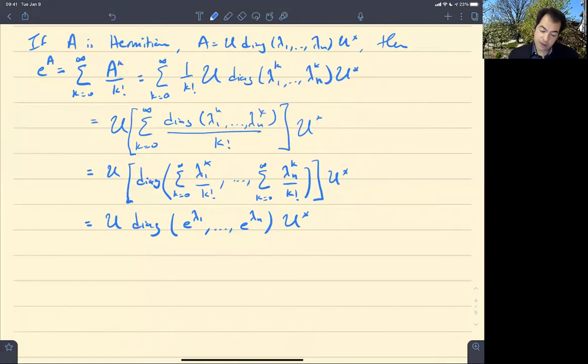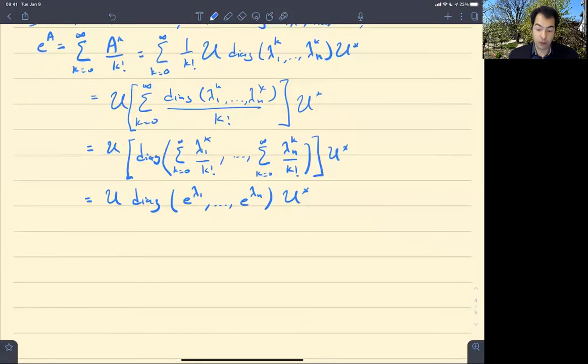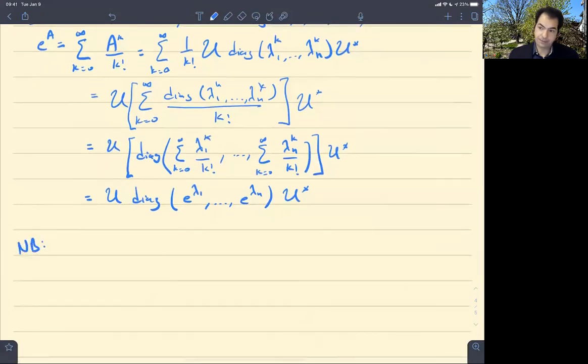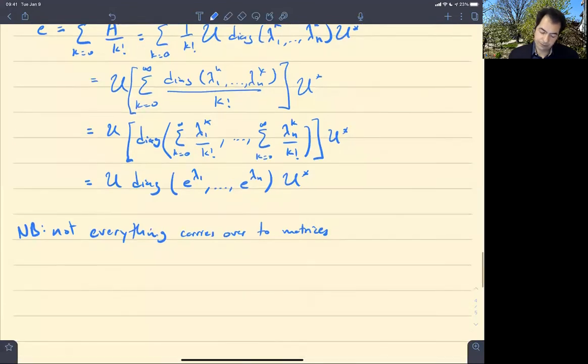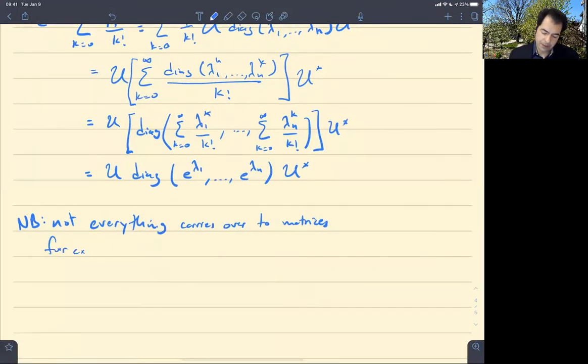It is worth remarking, one should not get too carried away. Not everything carries over to matrices. So, for example, e to the A plus B equal to e to the A times e to the B is only true if A and B commute.